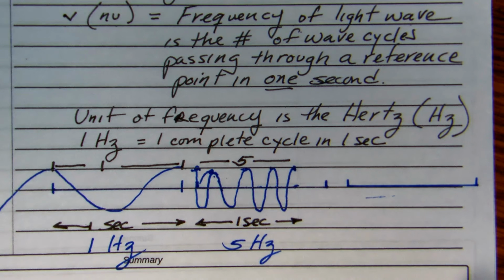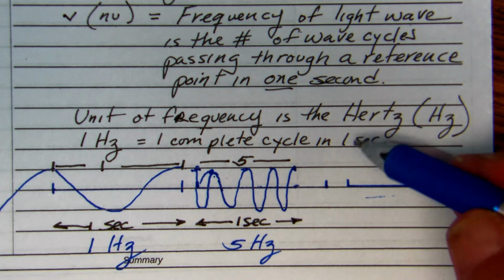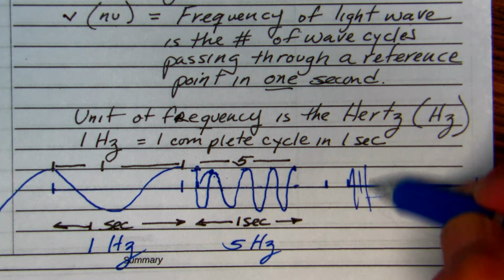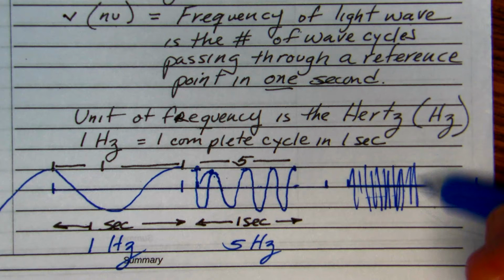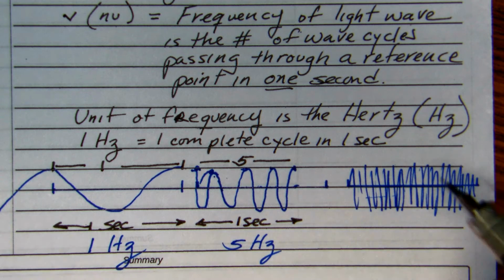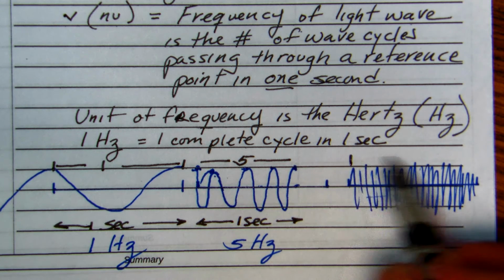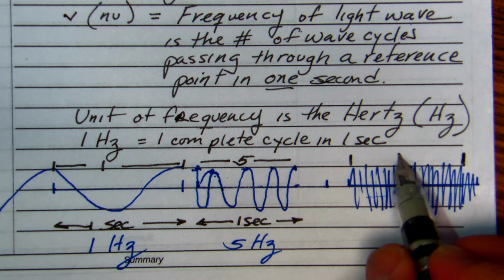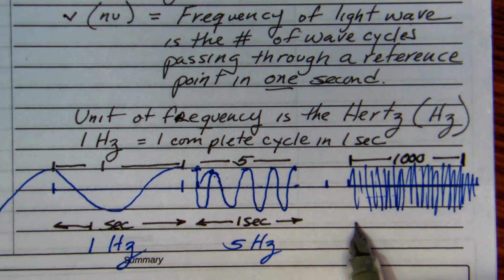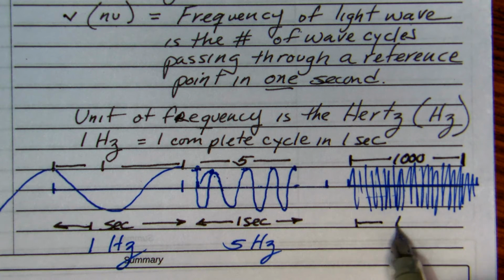Now the next one I'm not going to be able to do exactly, but say there's 1,000 of them in here. So 1,000 waves are going through in the same given 1 second. From this point to this point, there are 1,000 waves that have gone through in that one given second.